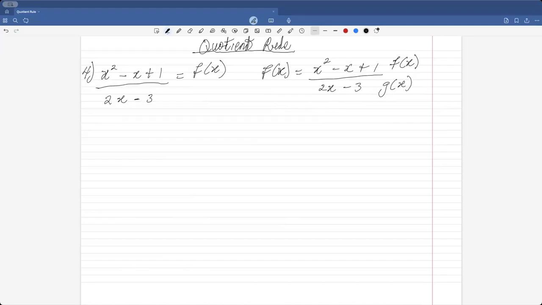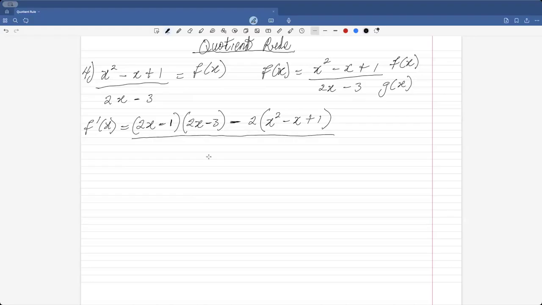And of course, f prime x equals, we have the top, which is 2x minus 1, open parenthesis, 2x minus 3, minus, we have 2, open parenthesis, x squared minus x plus 1, close parenthesis, all over, open parenthesis, 2x minus 3, all to the power of 2.